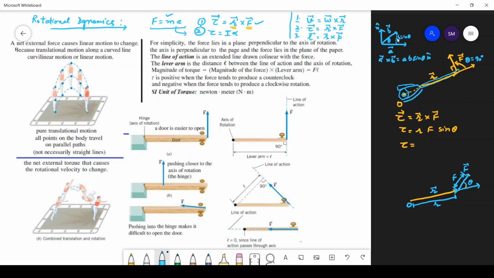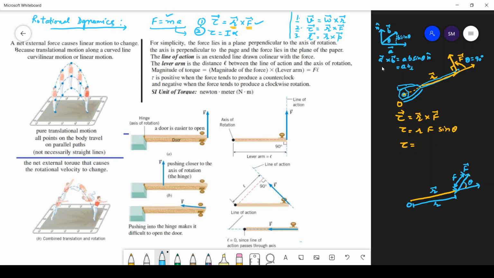So this means the whole length of vector A into the perpendicular component of B. This is another way of writing this.